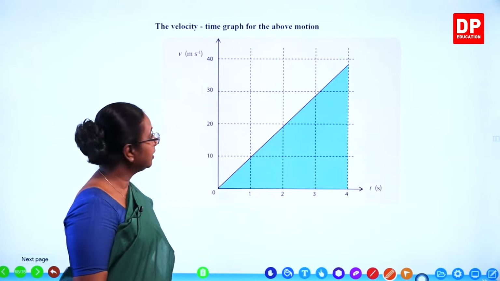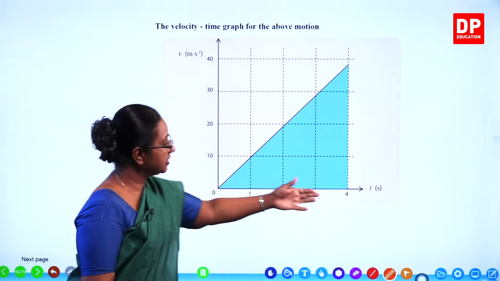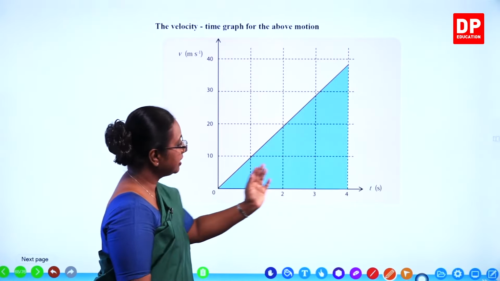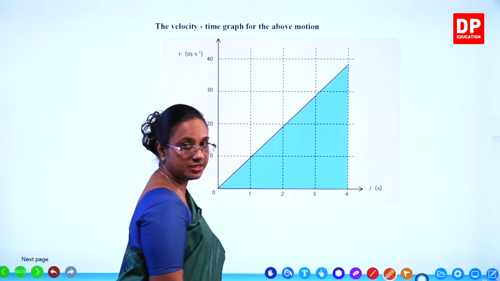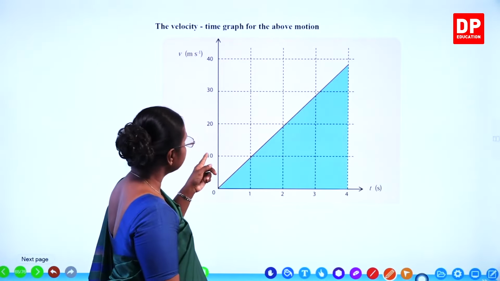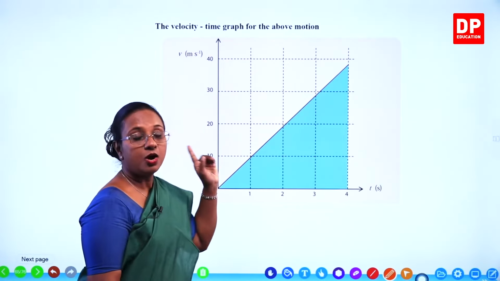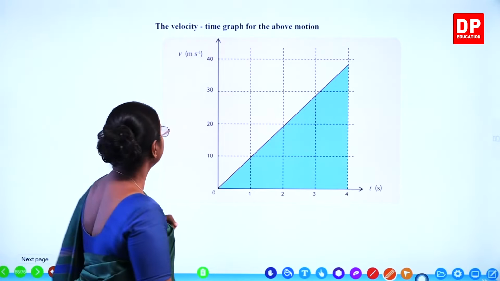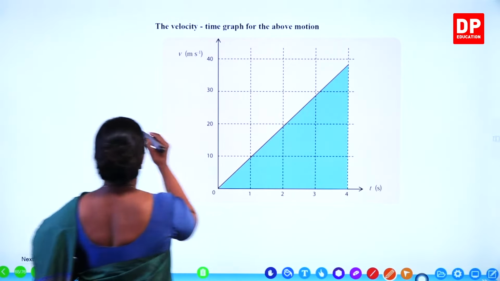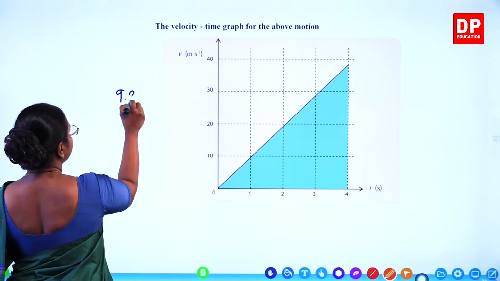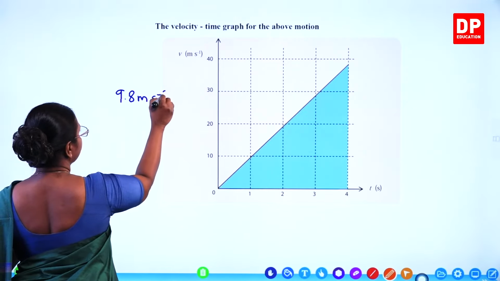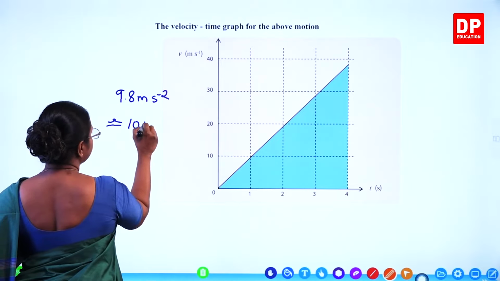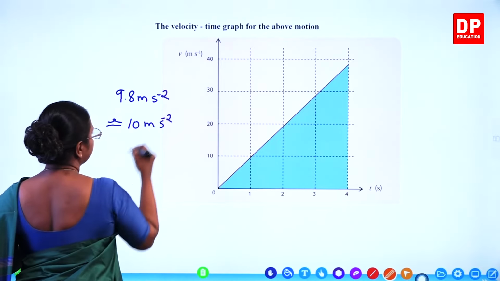The graph is given to you. It is the velocity time graph. Now you all are very familiar with this graph. You can see time is in seconds, velocity is meters per second. Although the real value of gravitational acceleration is 9.8 meters per second squared, for convenience, we take the value as 10 meters per second squared.